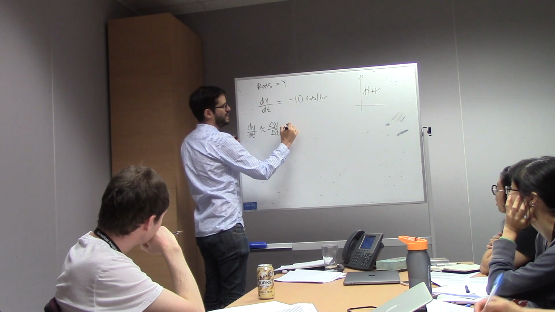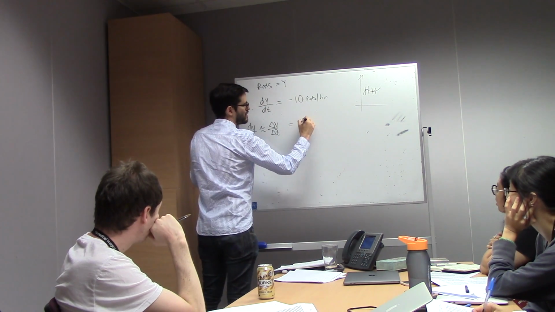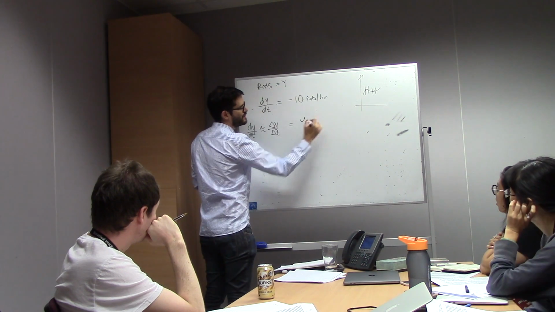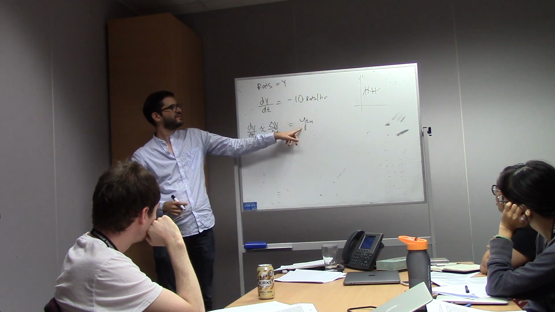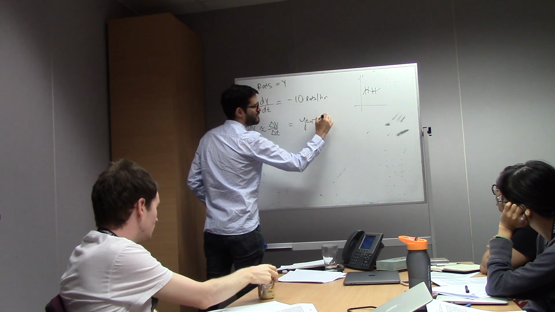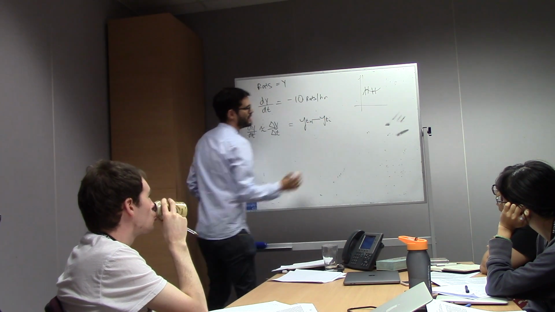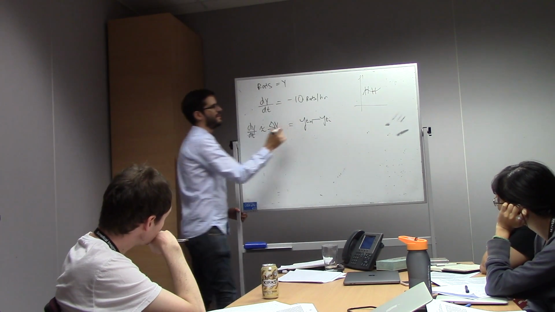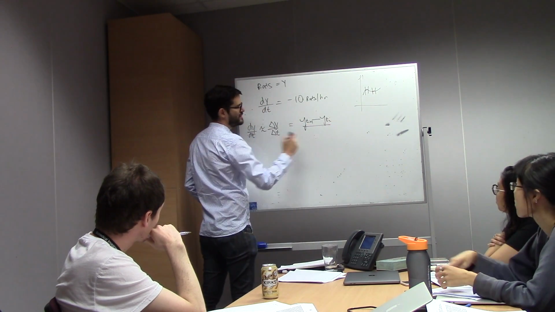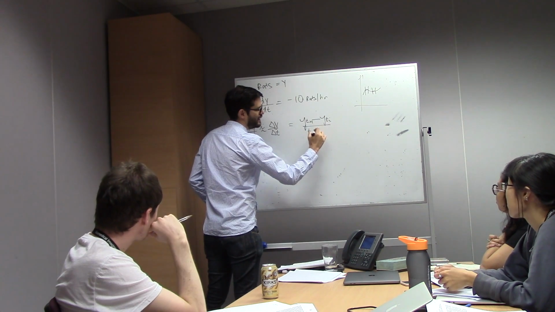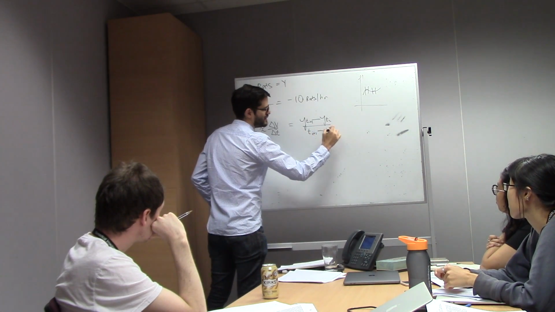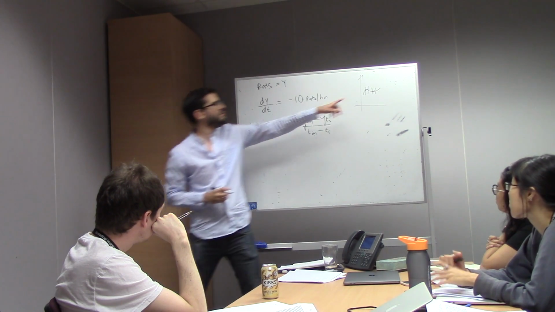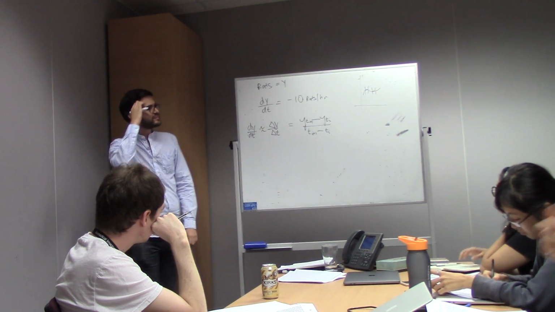Now what does this actually equal? At time t_{i+1} you have a y value, and you subtract y of t_i. That's what delta y is. And the bottom part, delta t, is t_{i+1} minus t_i. So exactly what we have here, but now formalized.